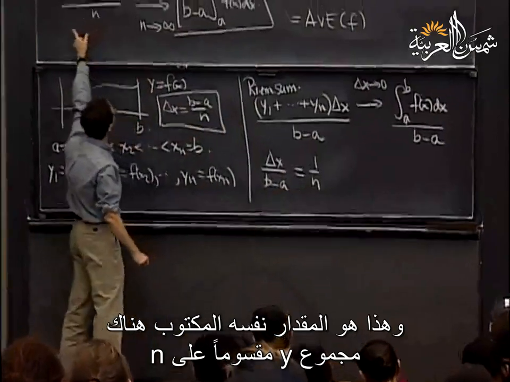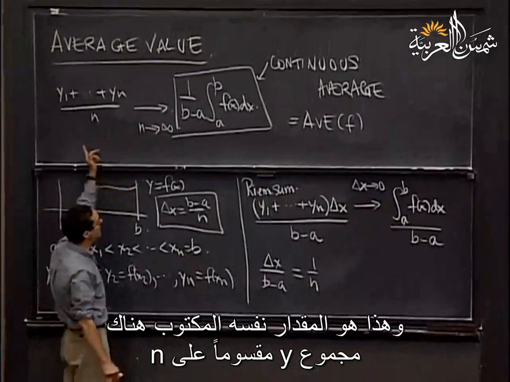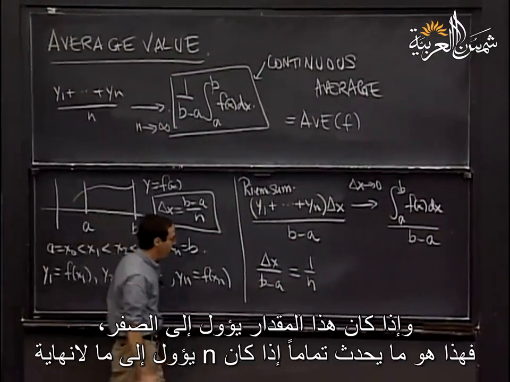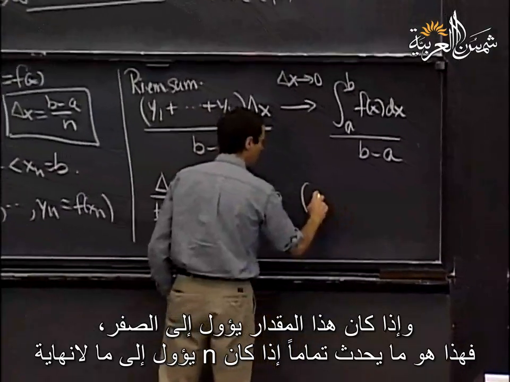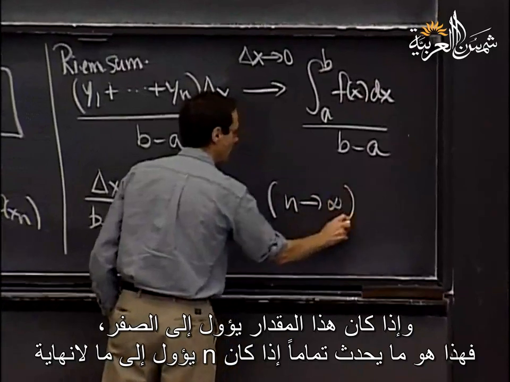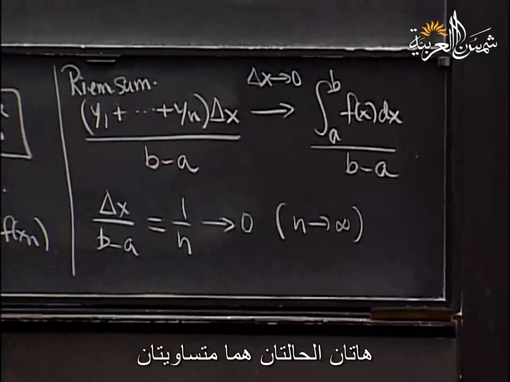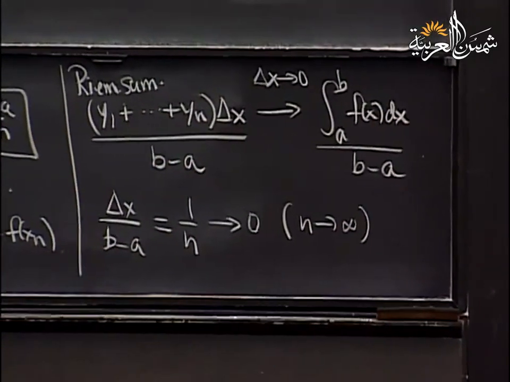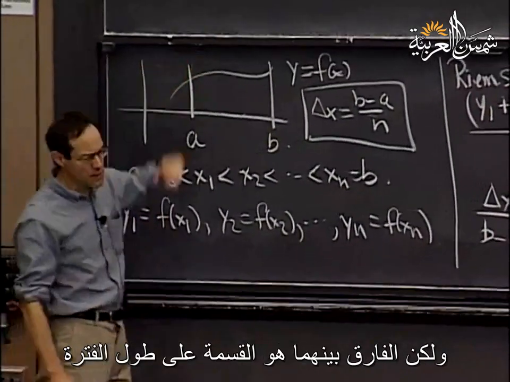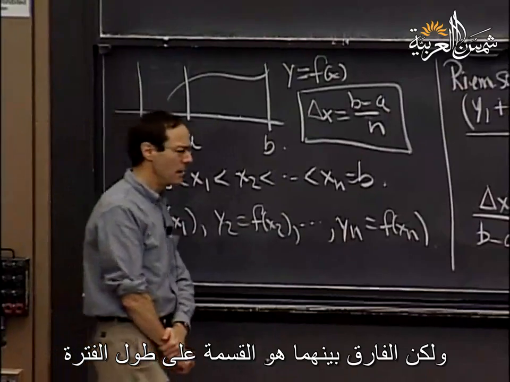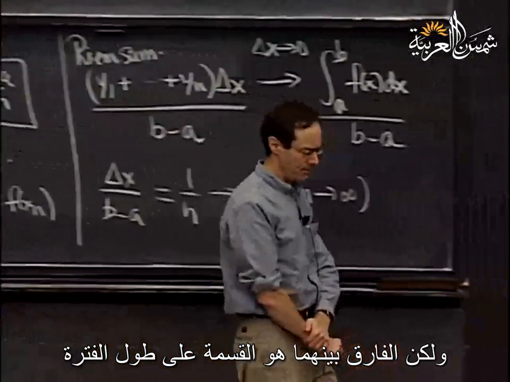That's what I put over here, the sum of y1 through yn divided by n. And as this tends to 0, it's the same as n going to infinity. Those are the same things. So the average value and the integral are very closely related. There's only this difference that we're dividing by the length of the interval.